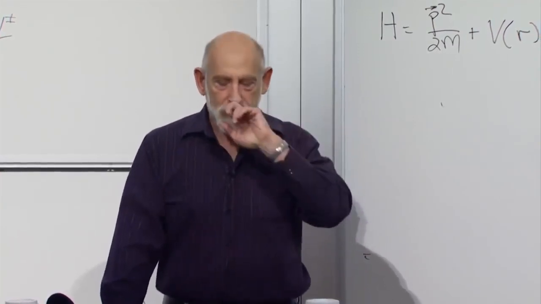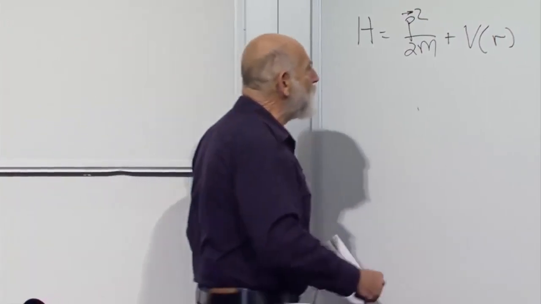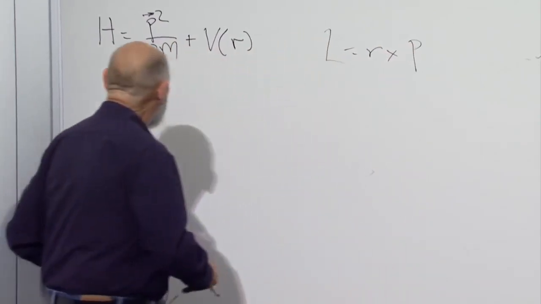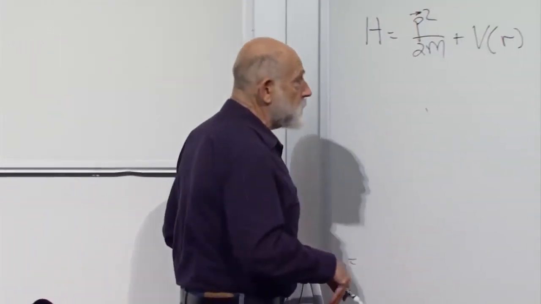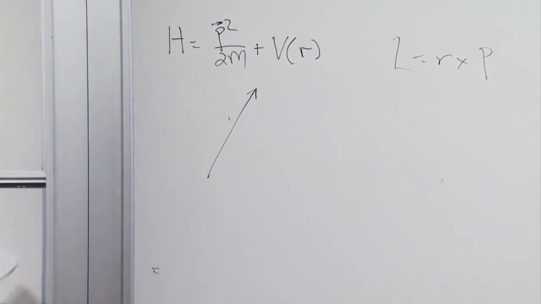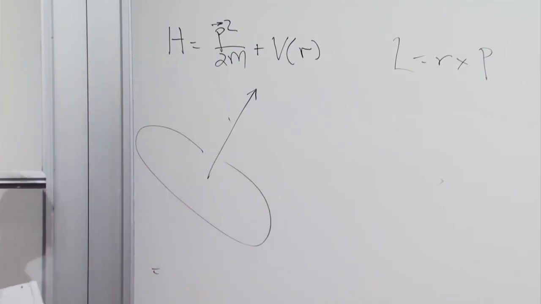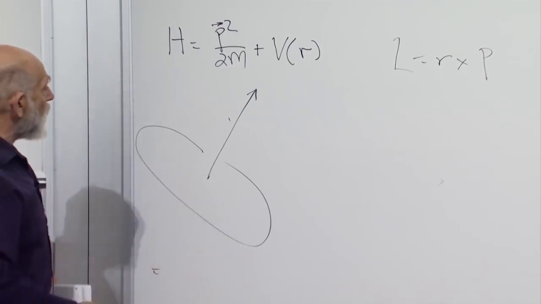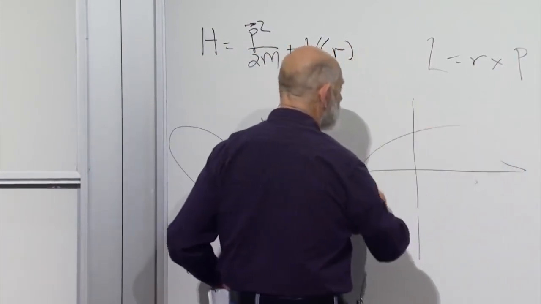All right, so let's believe angular momentum is conserved. Angular momentum is a vector, r cross p. It's conserved. That means its magnitude is conserved, but also its direction is conserved. And that means, as I said before, that the plane of the orbit is also conserved. So once we know the plane of the orbit is also conserved and that everything is rotationally symmetric, we might as well classically put this whole thing in the xy plane.